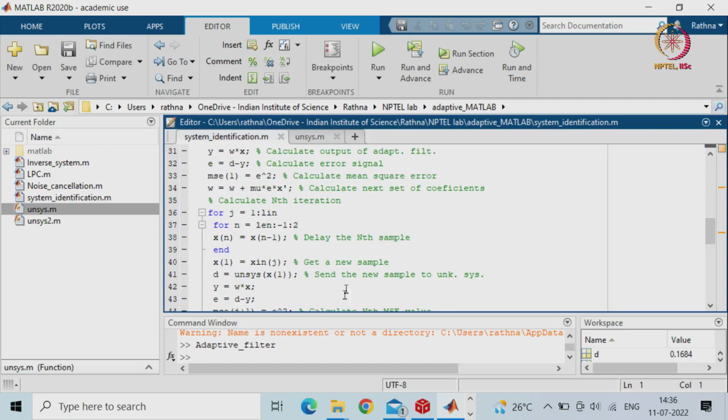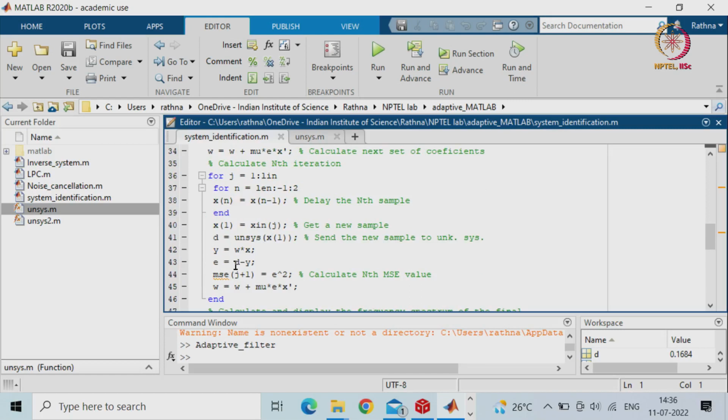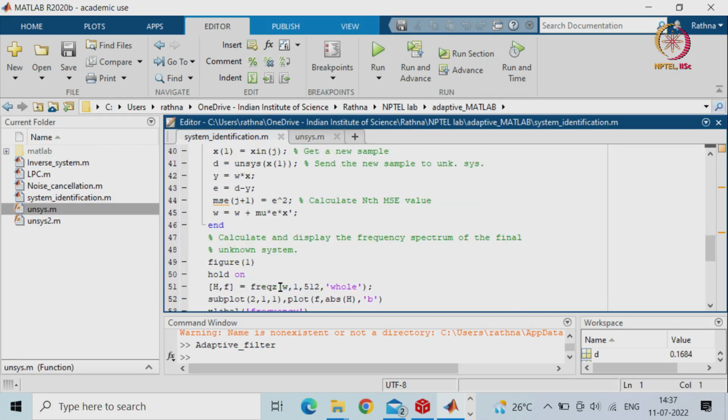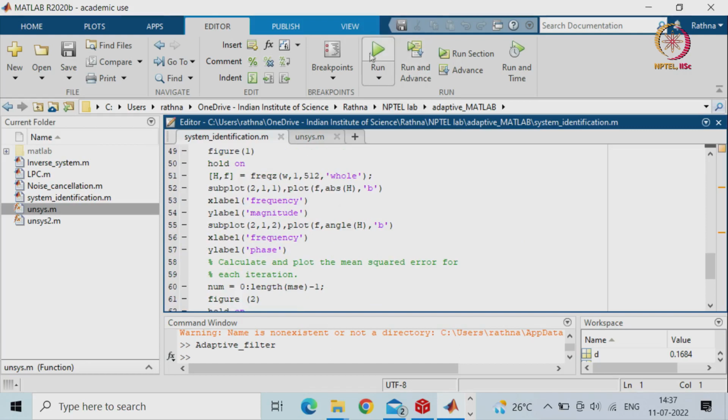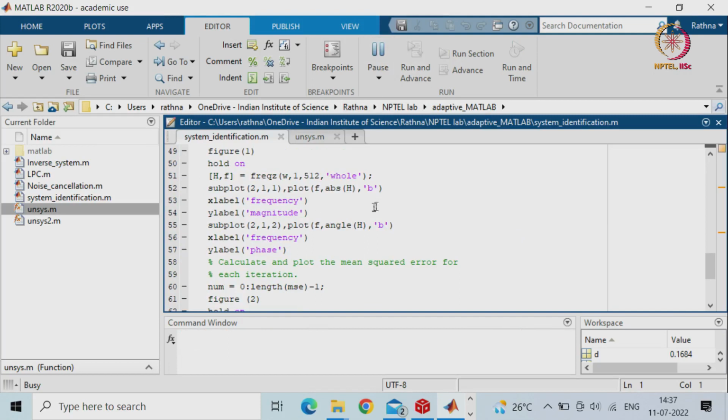Then you go on, and this is the desired signal, and the error function you are trying to minimize is d minus y, with the x values, and w is going to be updated as usual. Then we will see how it converges to the required system and what value we get.